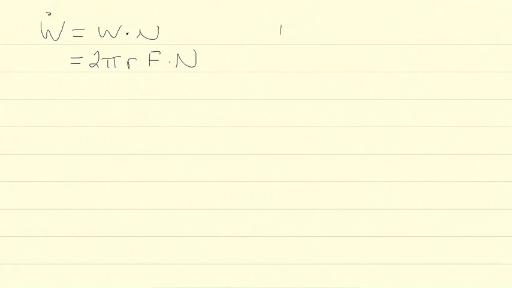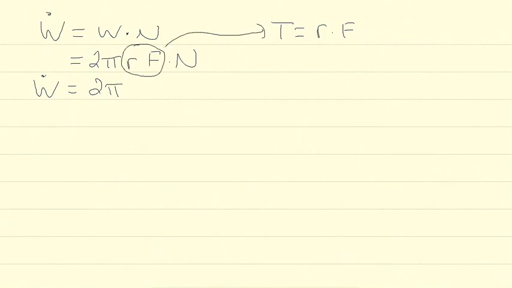But then we recall that the torque is r times F. So we can write W dot in the form that we're familiar with, 2 pi times the torque, times n. And so that's where the expression for shaft power comes in.